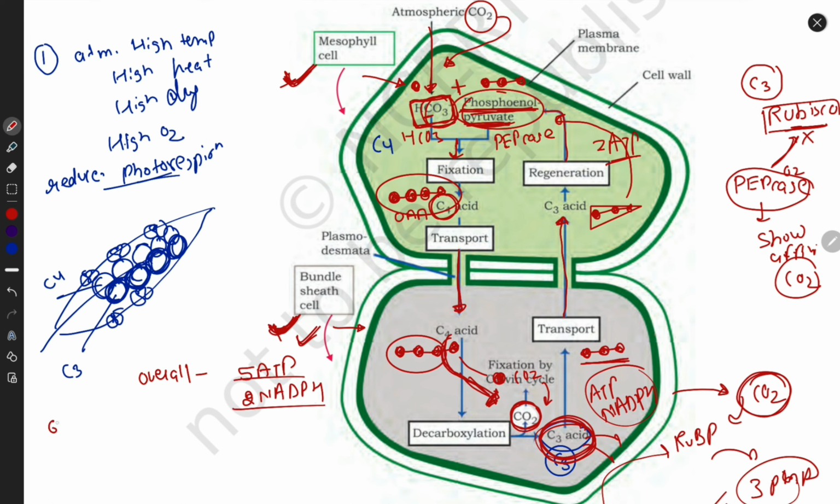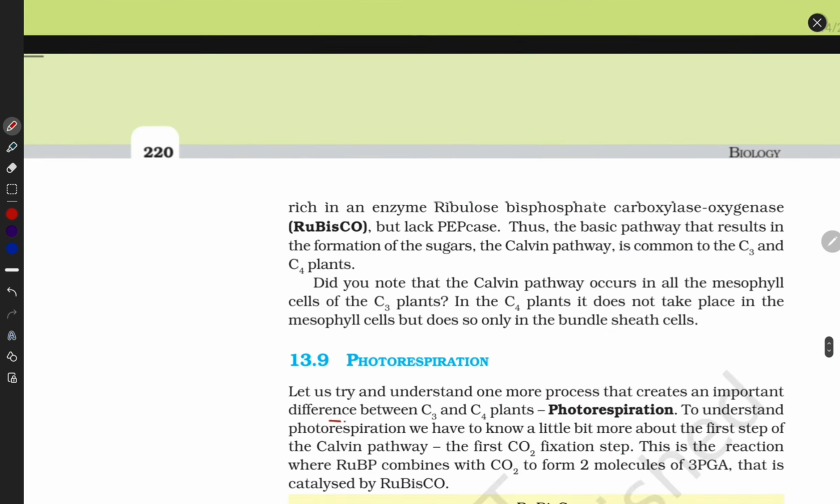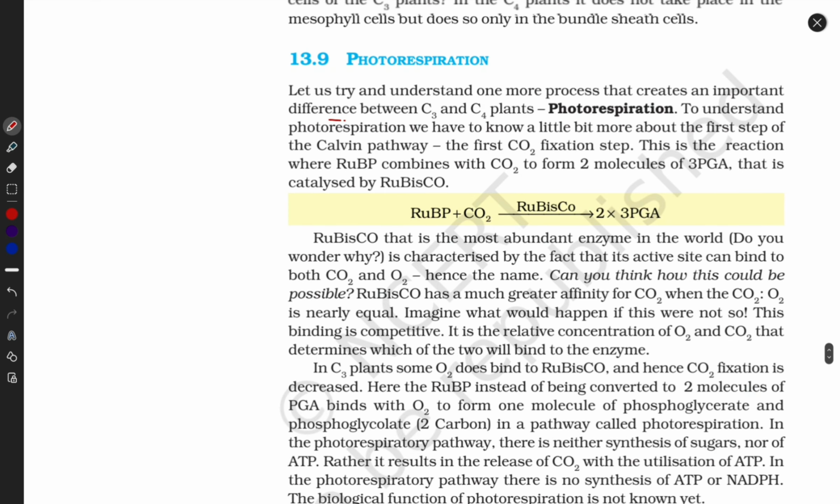So if this cycle occurs 6 times, then what happens? 5 into 6, 2 into 6. What is the ratio, guys? 30 ATP used here and 12 NADPH used here. Now let's move further towards photorespiration.